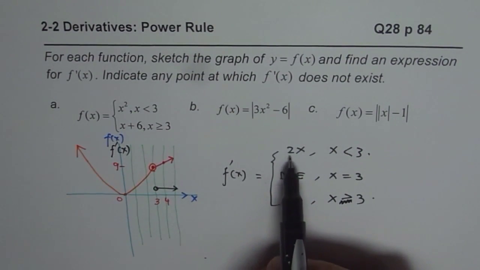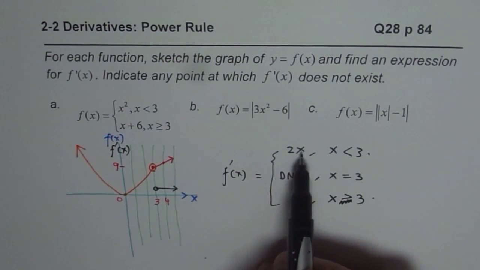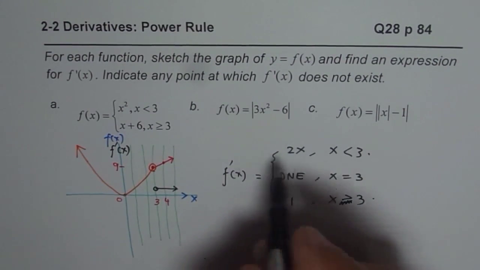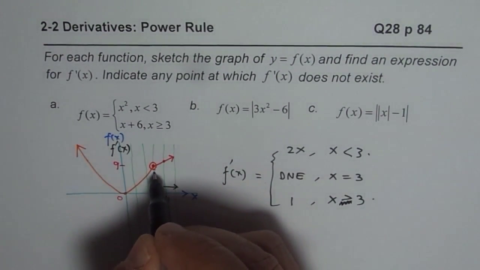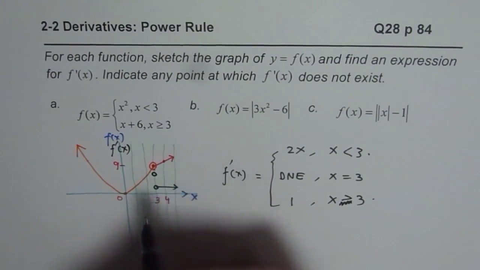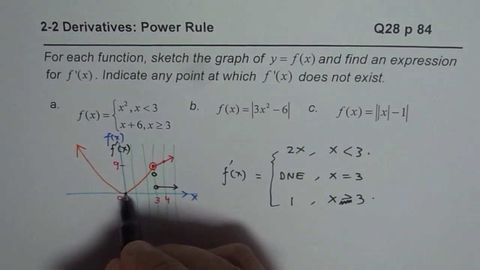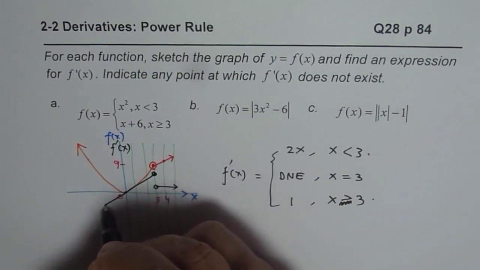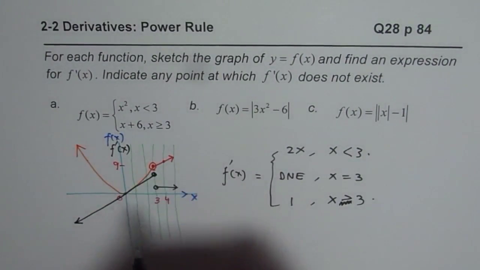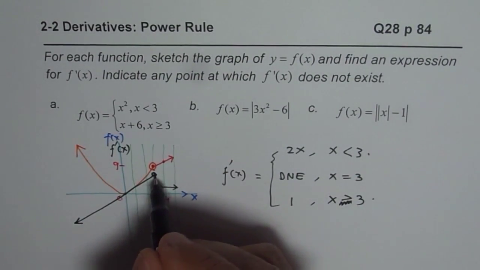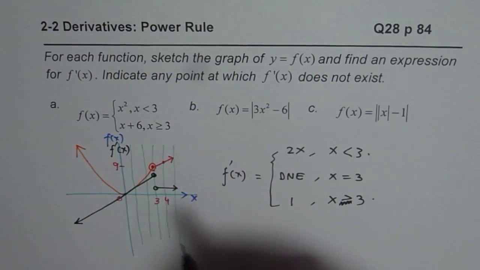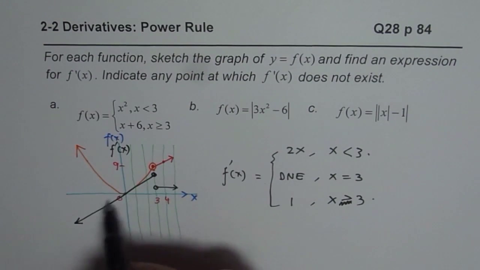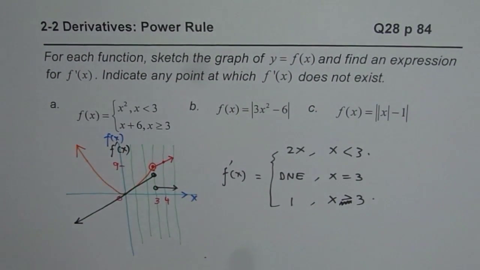On the values less than 3, it is 2x. So at 3 it should be 6, correct? So let us say this is 6, another hole here. When x is 0, it will be 0, right? So I'll just draw a straight line like this. Connecting them, we get a straight line. So on the left side of 3, it will be this line.